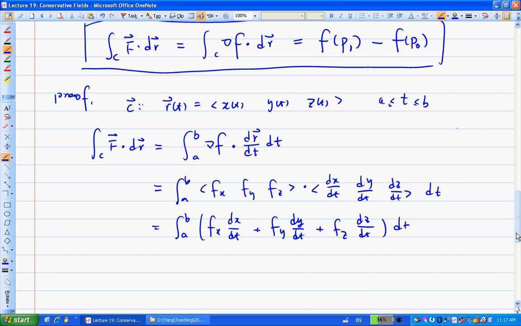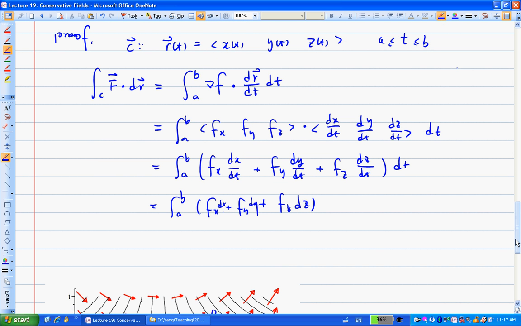Now multiply the dt into the bracket, so you cancel all this dt over here, and you end up with fx dx, fy dy, and fz dz. So you end up with this.